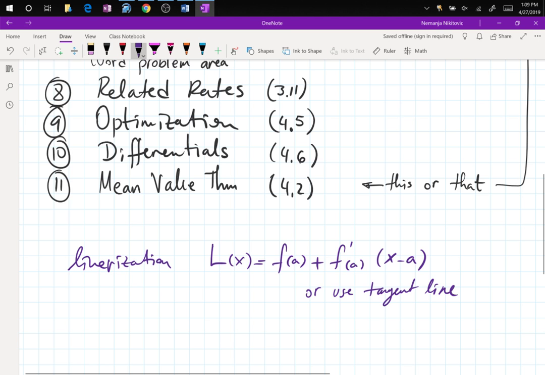Optimization word problems. You are looking into the farmer problem. You're looking into all of these problems that are done in class. Geometry problems of minimum surface area, maximum volume. Farmer was maximizing area with the constraint of the perimeter.